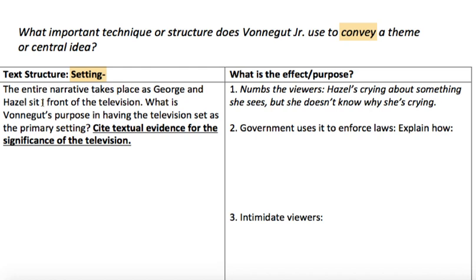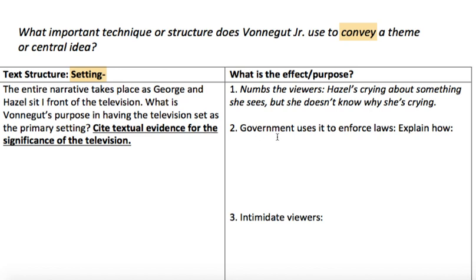That should be an I. What is Vonnegut's purpose in having the television set as the primary setting? And they want you to cite text evidence for the significance of the TV. So again, what is the purpose of having the TV set as the primary setting? Having George and Hazel sit and watch all of this on TV.